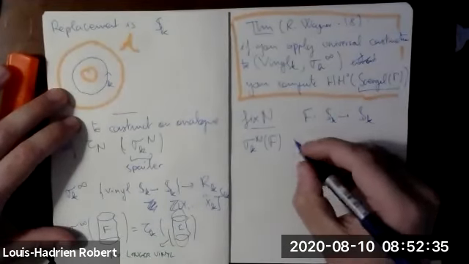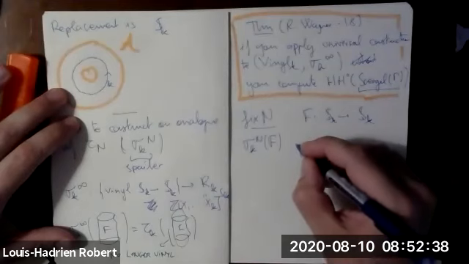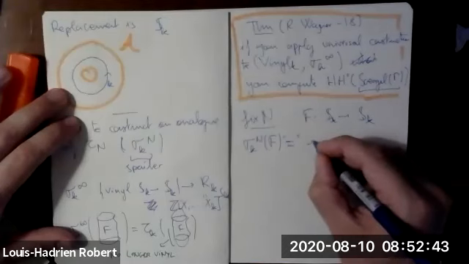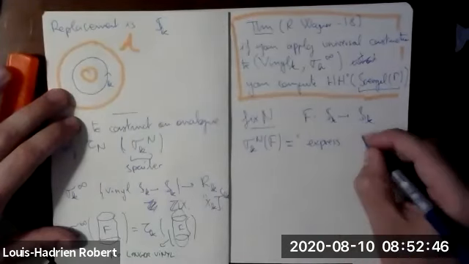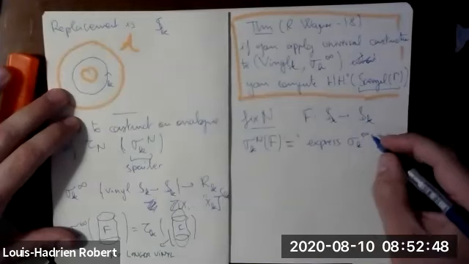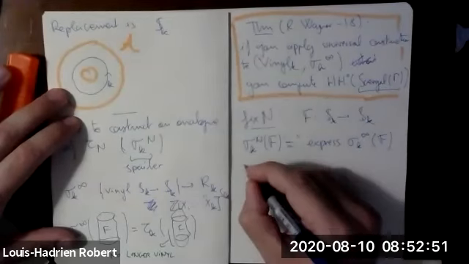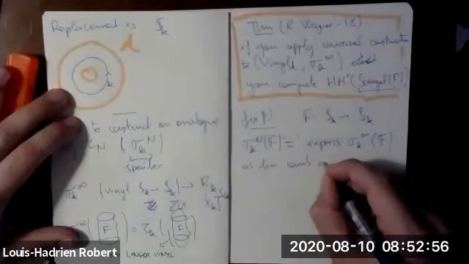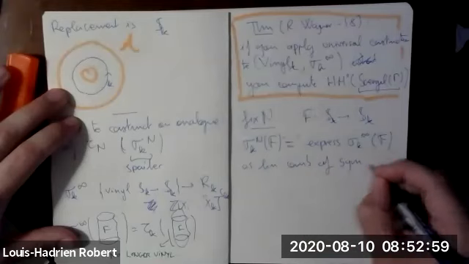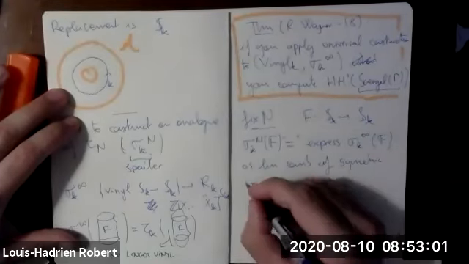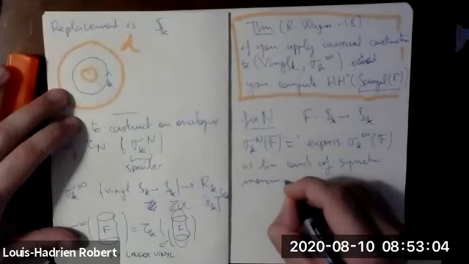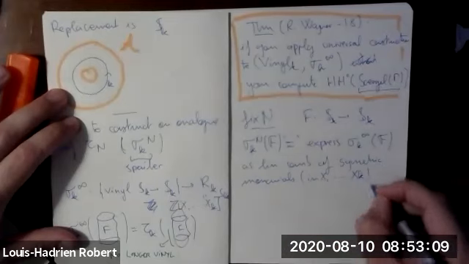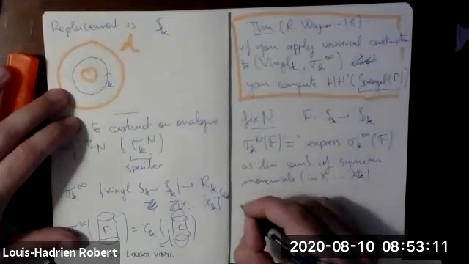I will define this using a recipe, so it's not really equal here. You first express sigma K infinity of f as a linear combination of symmetric monomials in x1 through xk.